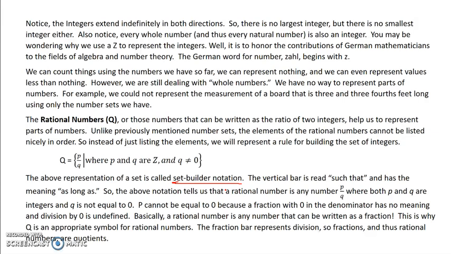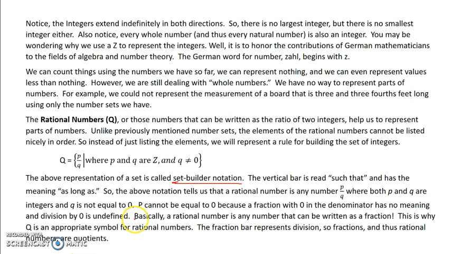So the set of rational numbers is defined as any number that is a ratio of two integers. So anytime I have one integer on top of the other, and the bottom integer is not 0, because I can't have 0 in the denominator of any fraction, I have a rational number. So rational numbers are basically any number that can be written as a fraction.